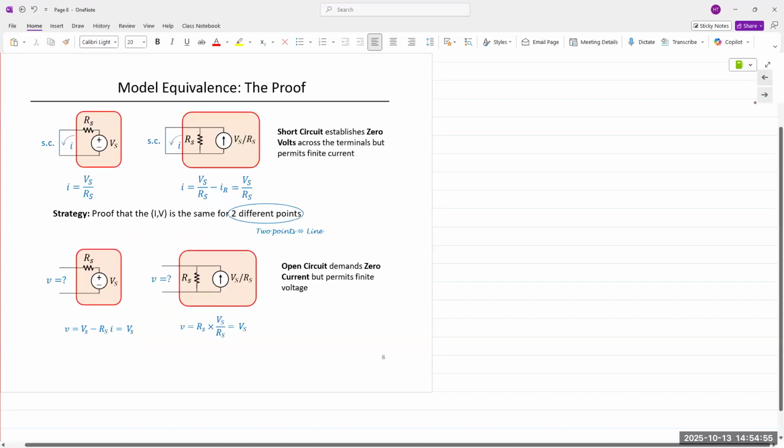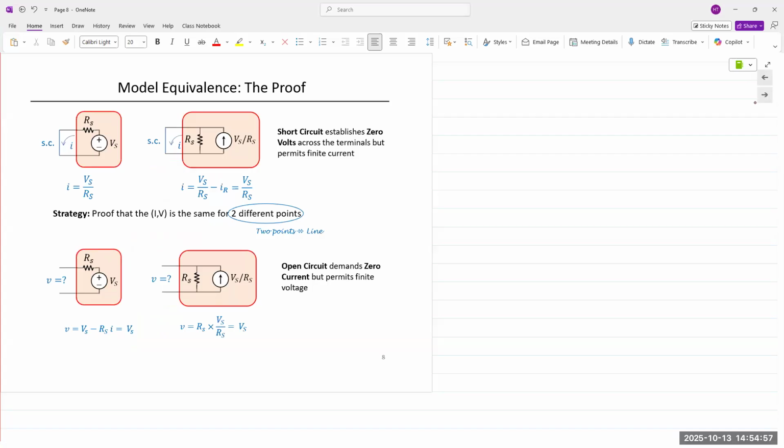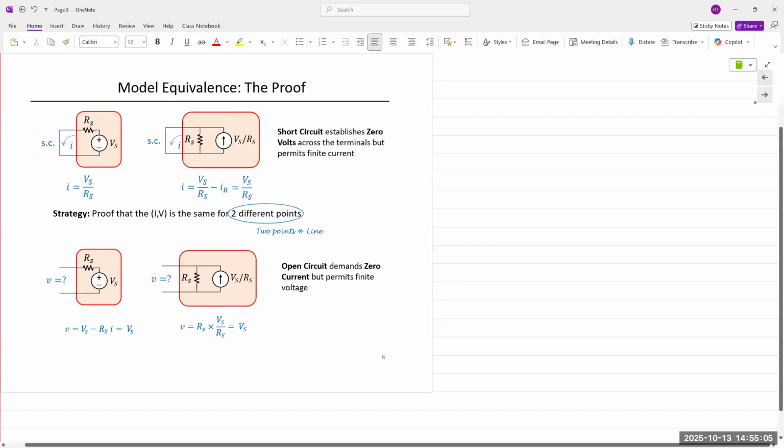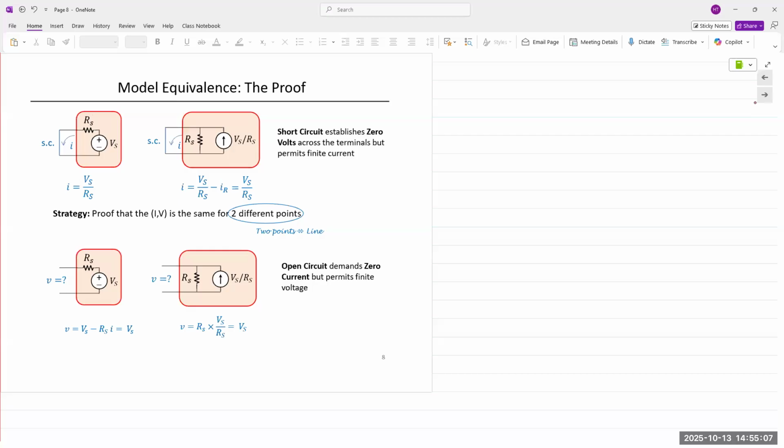Okay, so let's first take the example of the current. We have voltage source Vs, in series with a resistor Rs, and we short out the two terminals of that source. If we short out the two terminals of the source, what happens?